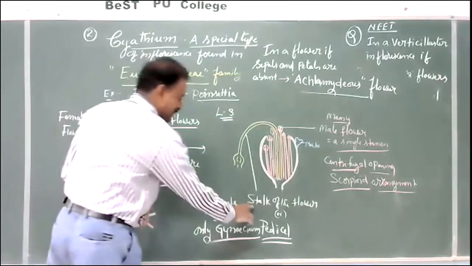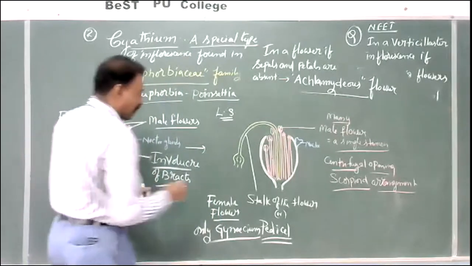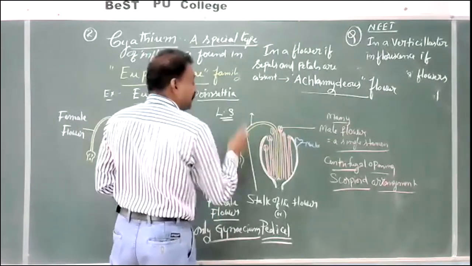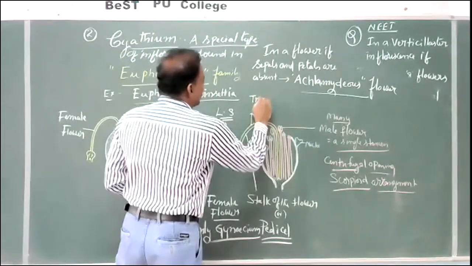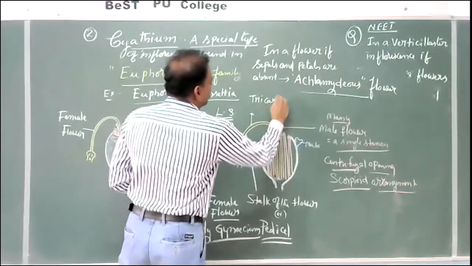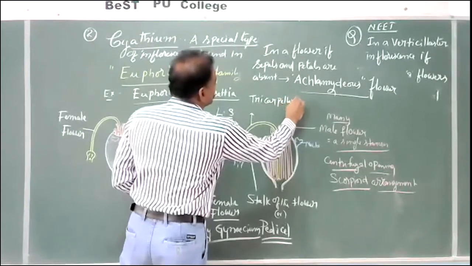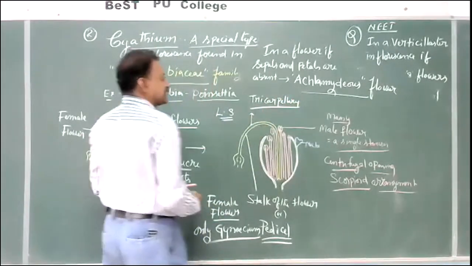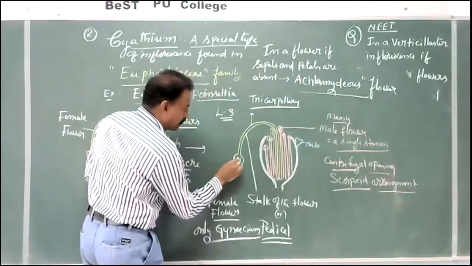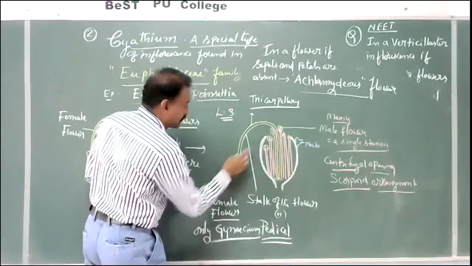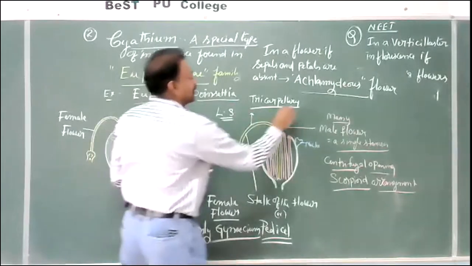This female flower has three carpels, which is called tricarpellary. And all three carpels are united together and appear like a single one. 1, 2, 3. Three carpels are present, but they look like a single carpel.